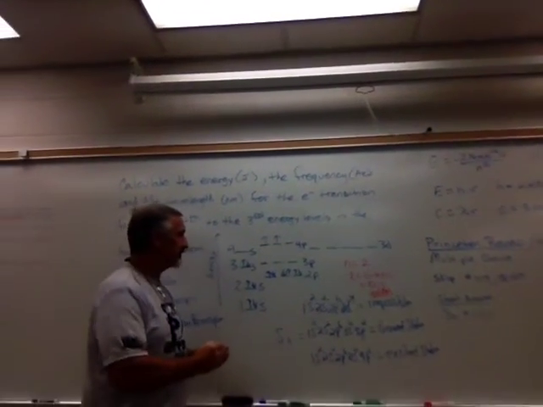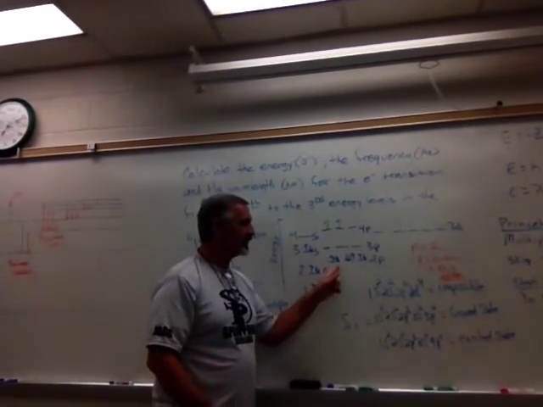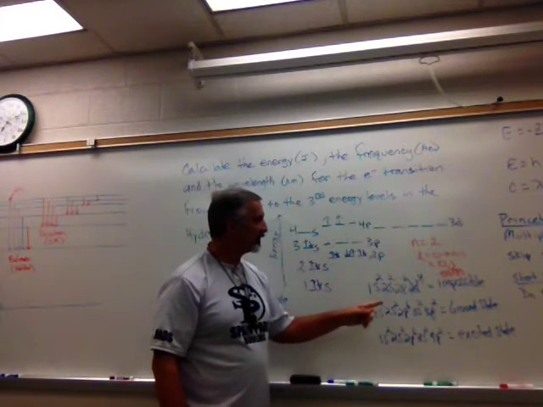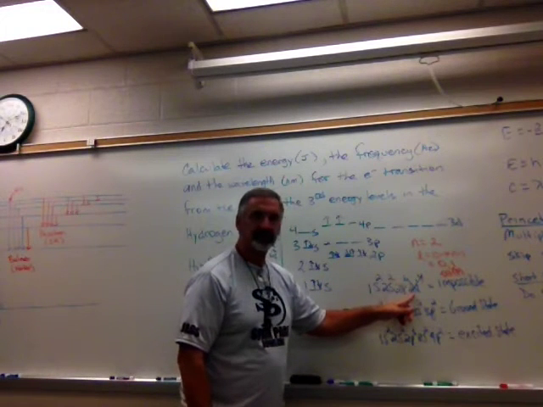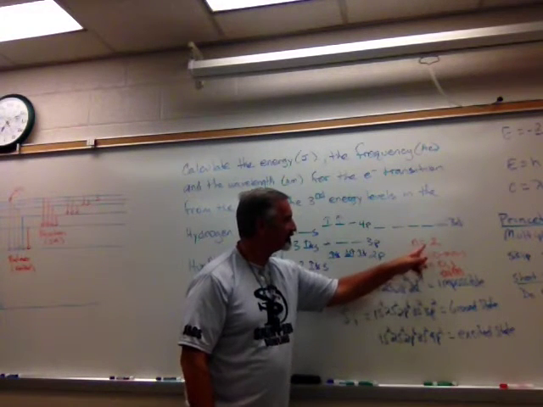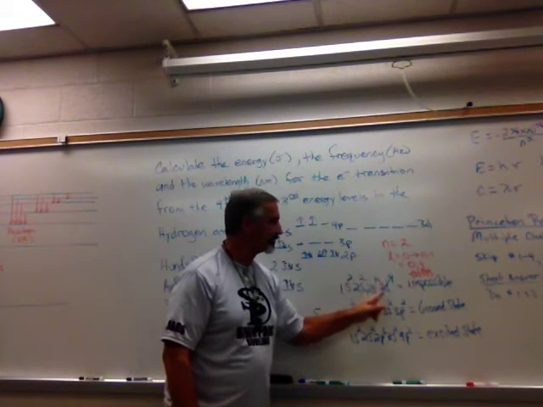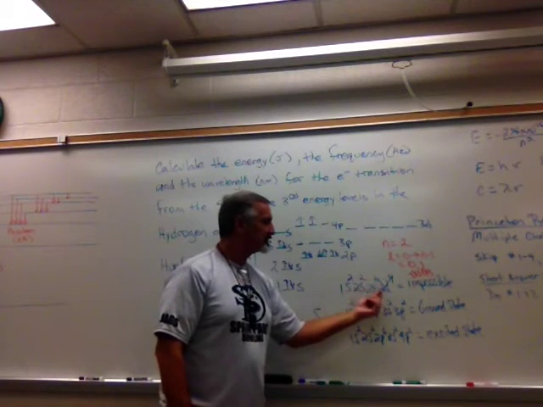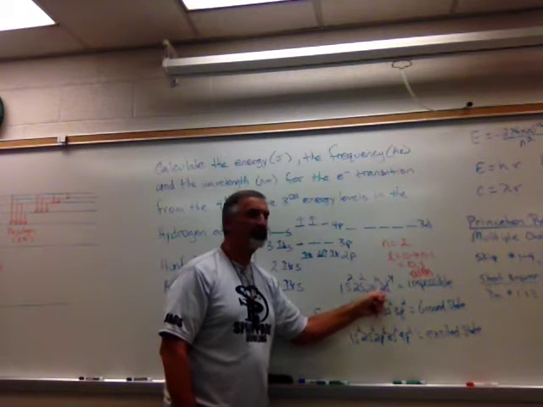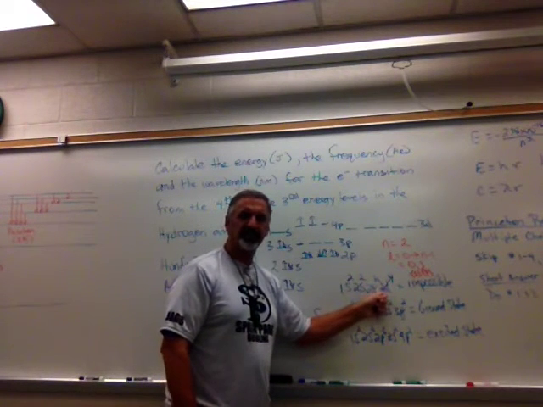So on the second energy level, you're only allowed to have the S and the P. In order for there to be a D sublevel, you would have to have n equals 3, so L could equal 0, 1, and 2, because L equals 2 corresponds to the D. So our quantum numbers tell us we can't have a 2D, so this is an impossible electron configuration.